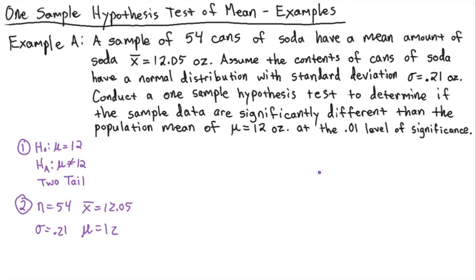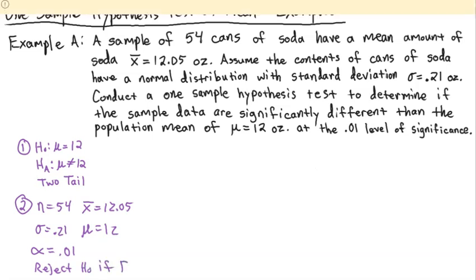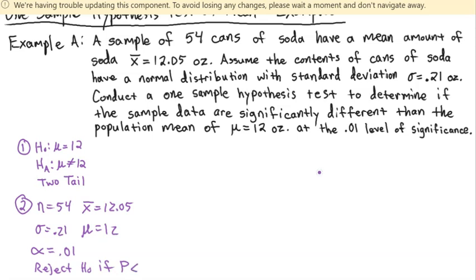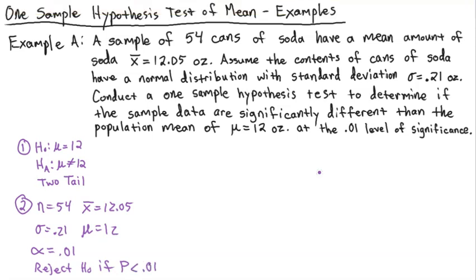And so now with that information, we also want to identify the alpha, the level of significance, which is right over here, 0.01 level of significance. And we're going to state our p-value rejection rule. We're going to say reject H sub O if our p-value, p, is less than 0.01, okay?